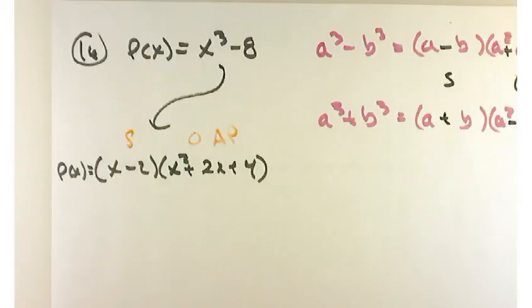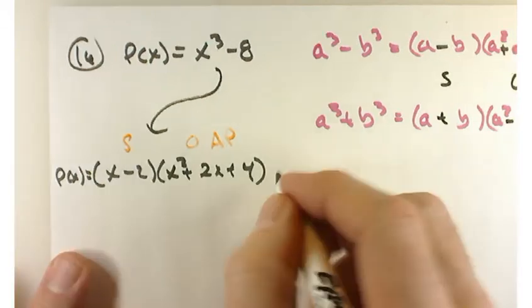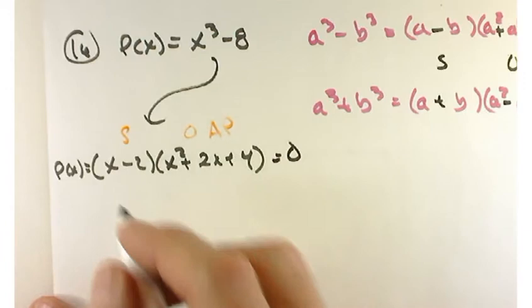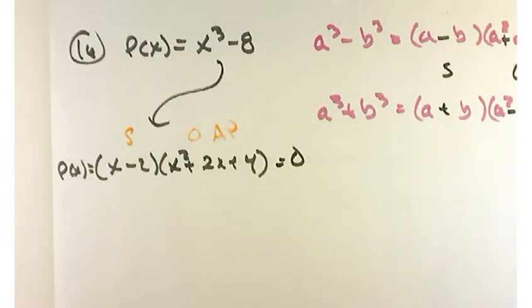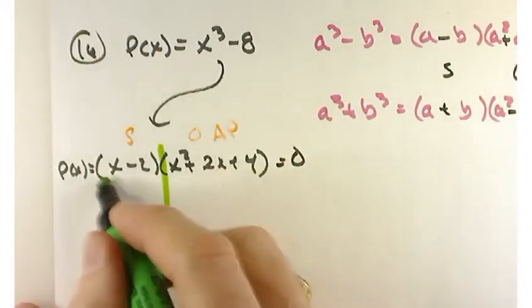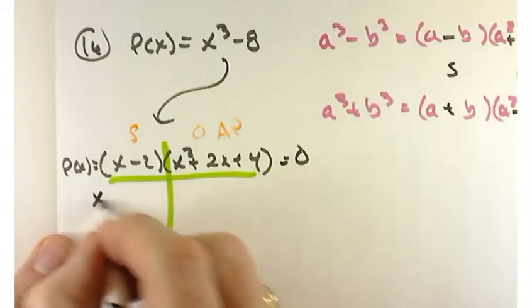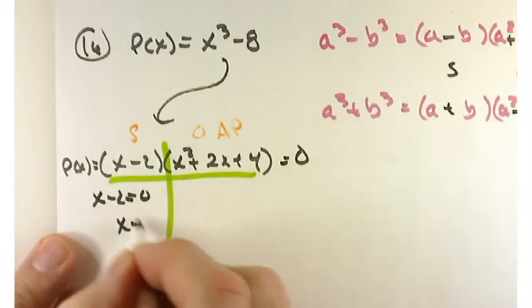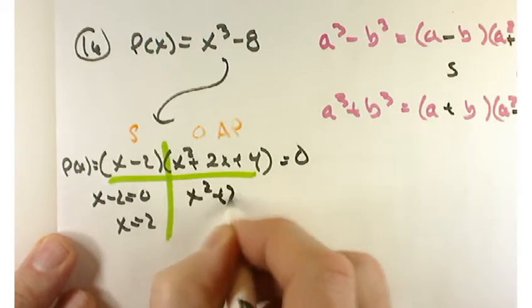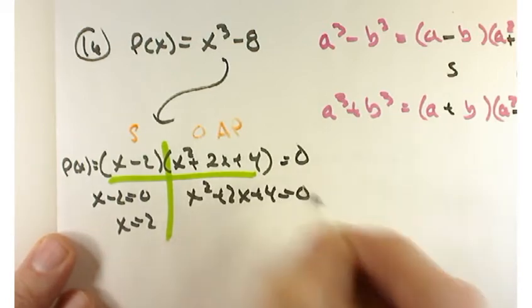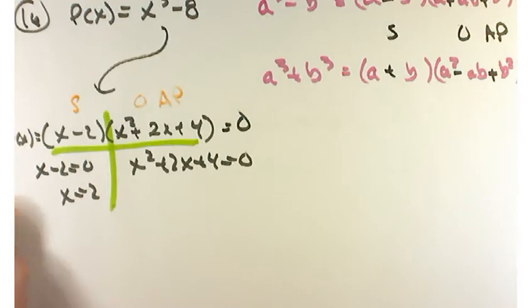To find the root of a polynomial, I want to know where this actually equals 0. And I can tell where this equals 0 with one of these factors, right? We already figured that one out. x minus 2 equals 0 when x equals 2. But x squared plus 2x plus 4 equals 0, that's going to be a little bit tougher nut to crack.